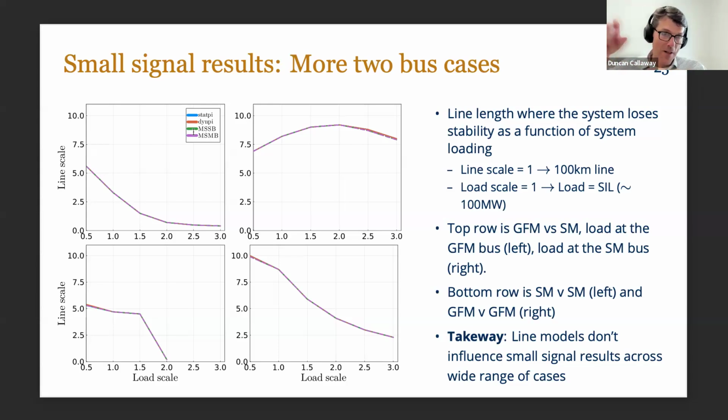We found the grid following outer loop gain after we had done these simulations. So it's a to-do to come back and see whether the multi-segment single branch or multi-branch model yields qualitatively different stability conclusions as you change those gain parameters. But for these sets of parameters that we looked at, the line models don't influence the small signal results across a wide range of cases.